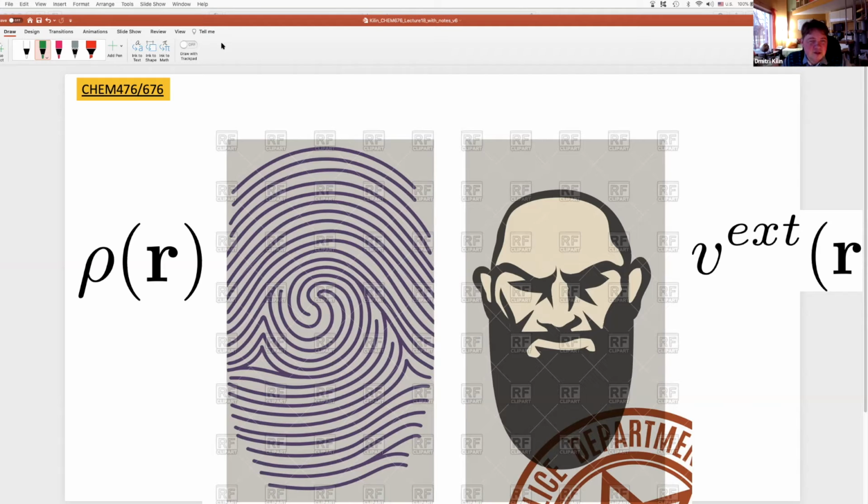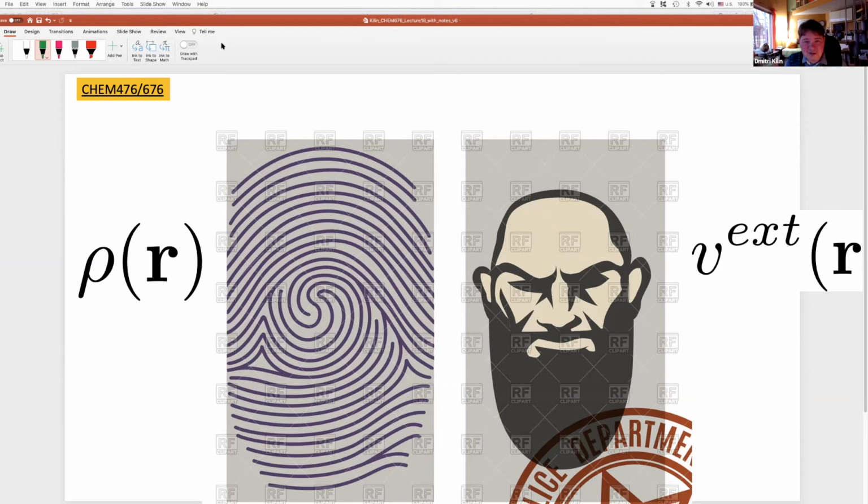The same is true with density functional theory. The molecule, of course, is very complicated, as complicated as a human, and density is quite a simple concept. But like a fingerprint, it is sufficient to identify who left it. As criminal investigators, by looking at fingerprints we can recognize the person, and by looking at the density we can recognize the external potential and all properties of a molecule.